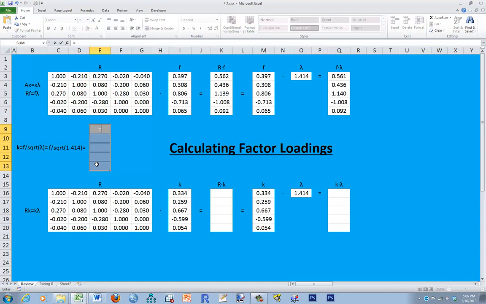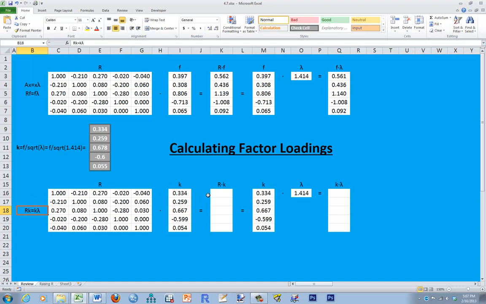We're going to do, in parentheses, our factor loadings, so F, divided by the square root of 1.414. And those are the values that we get. And you can see that I went ahead and put them down here in their respective positions. So this is basically the same equation as before, except now it's normalized. The eigenvector is normalized to 1.